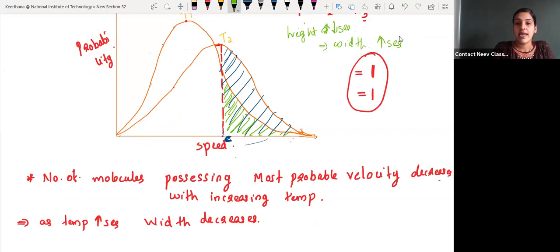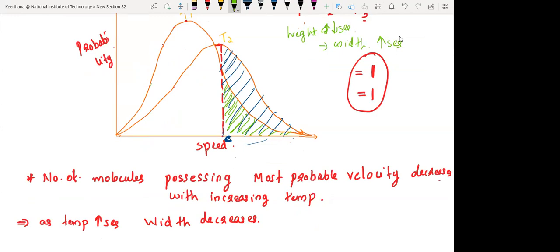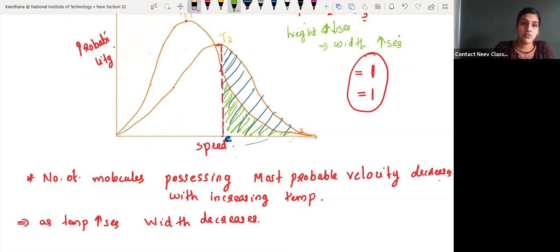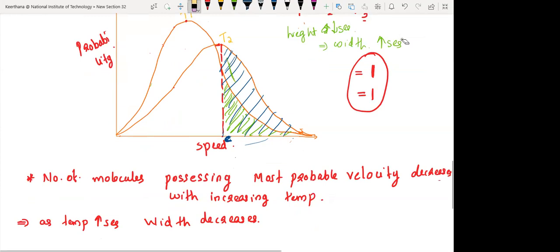So in this area, the area of the first curve and the area of the second curve, which one is greater? Shouldn't it be the same? Will it be the same? And which two curves are you talking about?